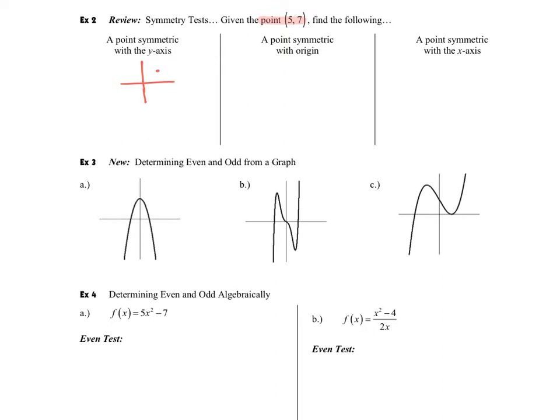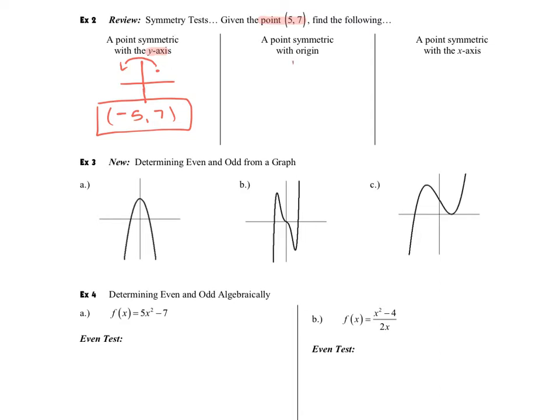If we want it to be symmetric with the y-axis, we move that point to the second quadrant. The only thing that changes is the x-coordinate, so our new point becomes (-5, 7). That point would be symmetric along the y-axis with the original.